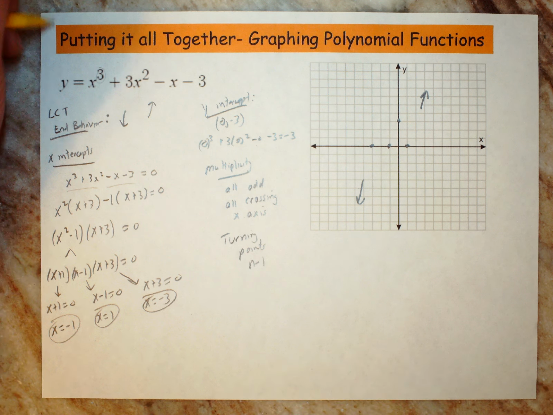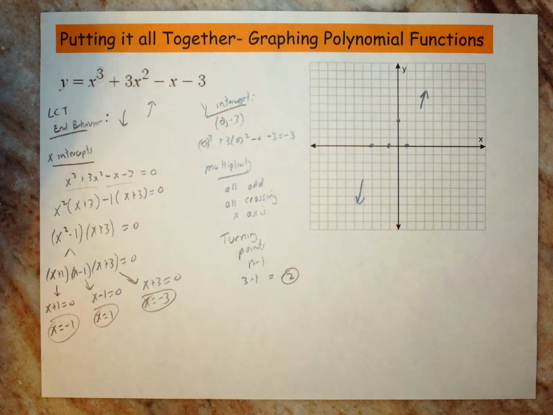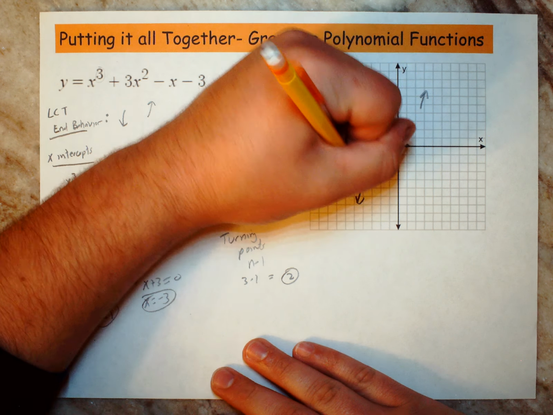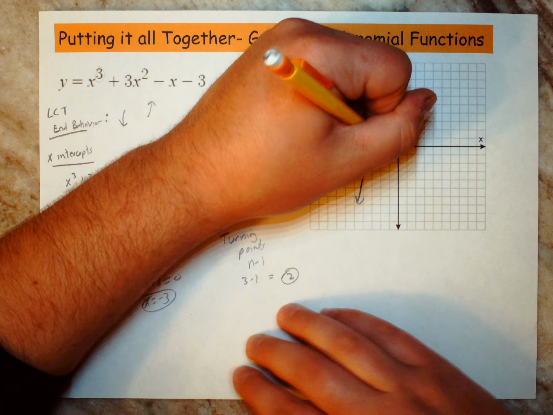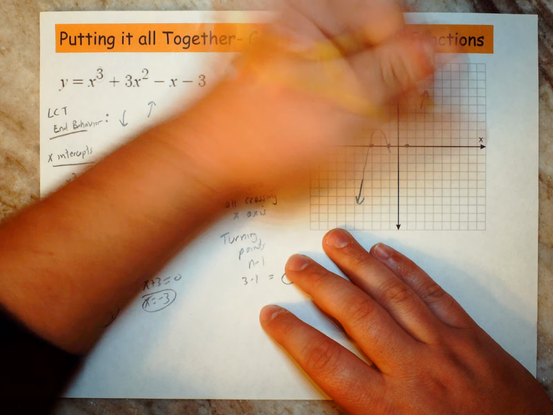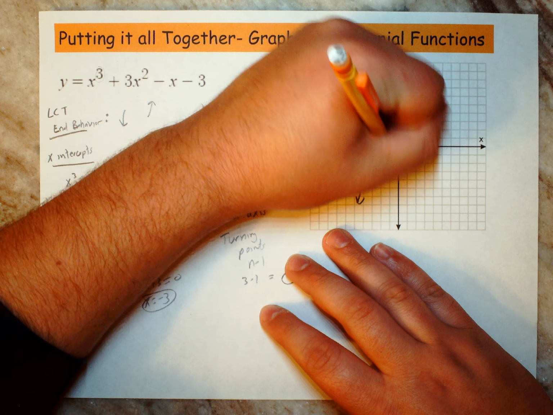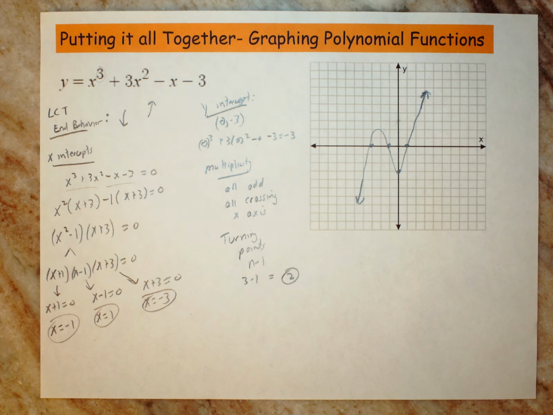This is a degree 3, so it's going to be 3 minus 1, which equals 2. So your rough sketch can look like this. Oops, I'm sorry. The y-intercept is -3. That's my fault. And that is your rough sketch. So that's putting everything together.